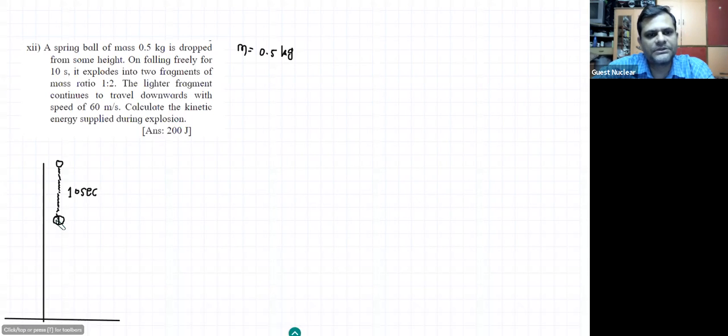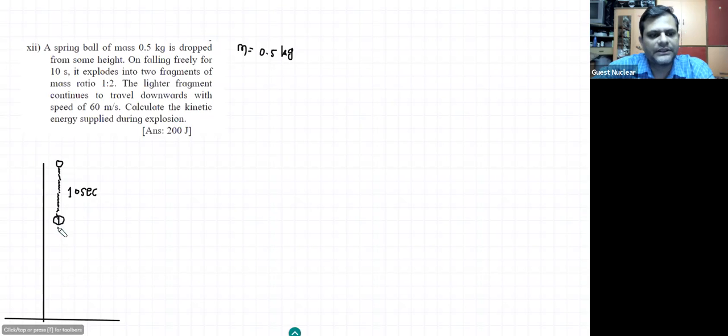So the same thing happens here, and this bomb at this point just explodes into two fragments whose mass ratio is 1:2. That means one fragment will have the mass which is double of the other. It is given that the lighter fragment continues to travel downwards with the speed of 60 meters per second.